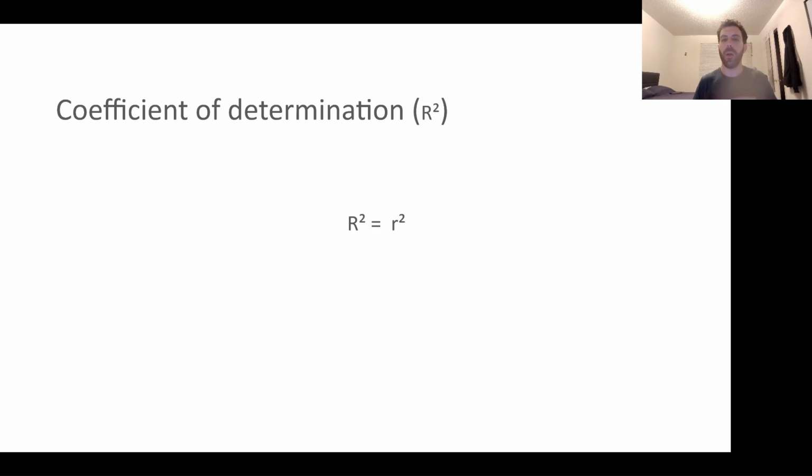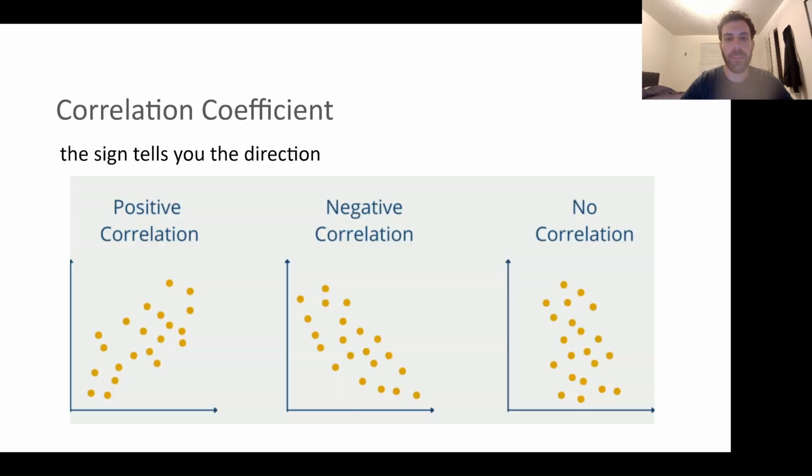So this is another measure of the relationship between variables, but it's not as informative. Why do you think I'm telling you that it's not as informative? So the main detail you lose when using the coefficient of determination instead of the correlation coefficient is the direction, right?